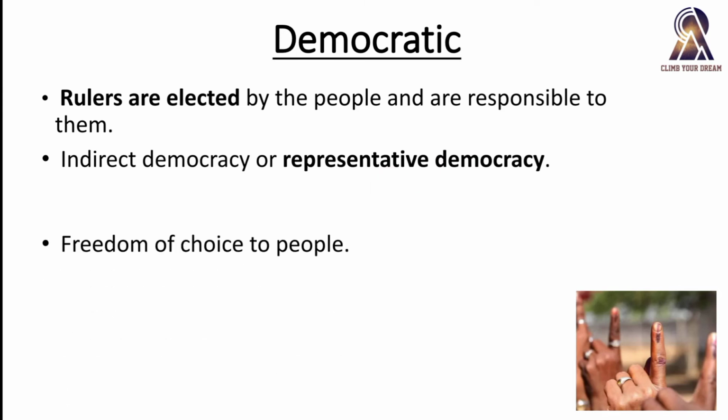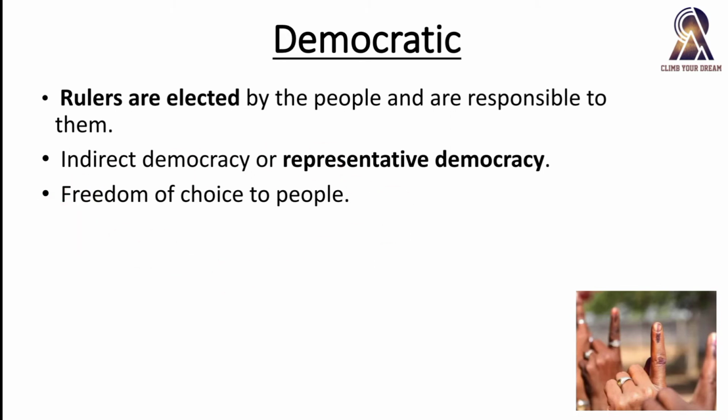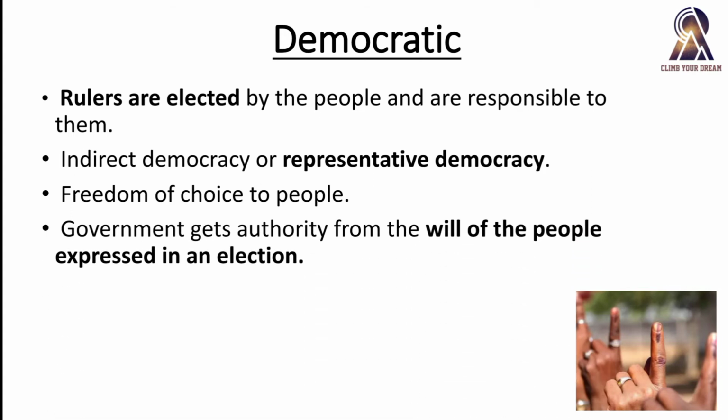And democracy gives freedom of choice to people, unlike in a monarchy where a king will rule and people will not have any choice. And in a democracy, the government gets authority from the will of the people expressed in an election. That's why it becomes very crucial in our country that elections are conducted in a free and fair method.